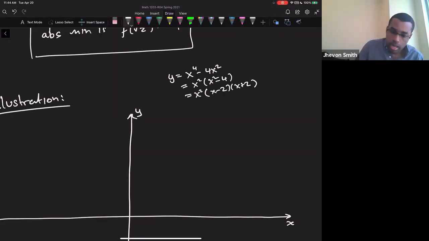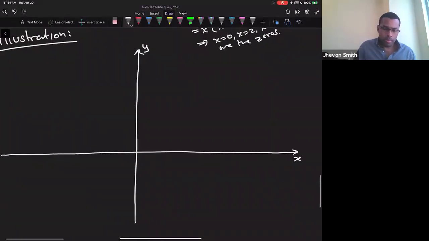So that tells me x equals 0, x equals 2, x equals minus 2 are the zeros, or the x-intercepts. So I know the graph passes through minus 2 and through plus 2.